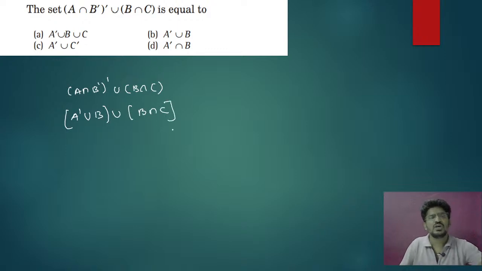Okay. So now you can see that we are taking union. So therefore A complement union B, union with B intersection C. Okay.